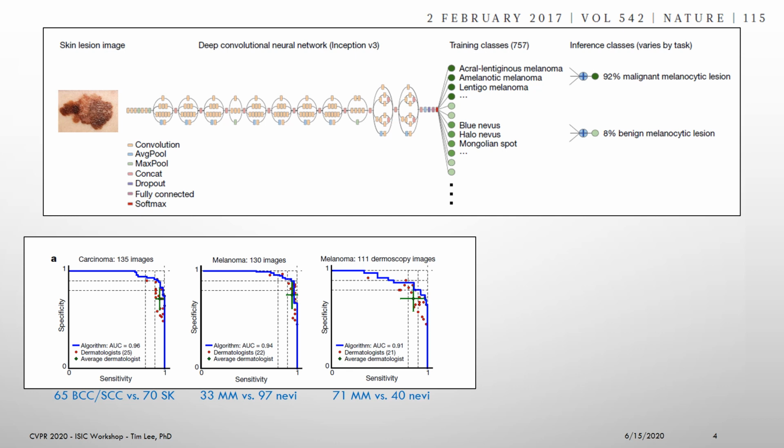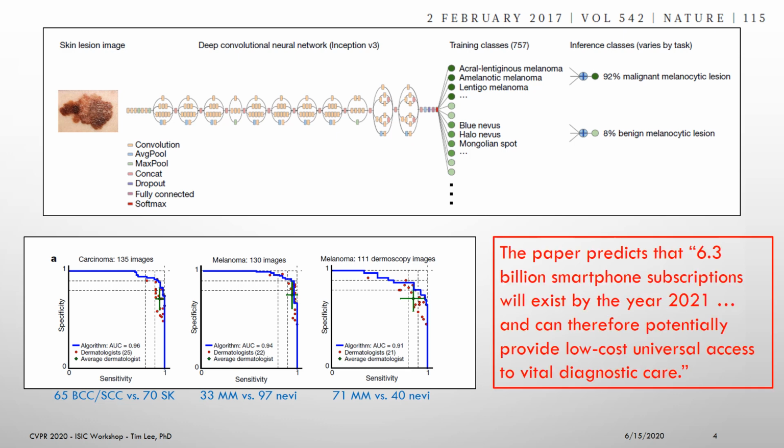The paper goes on and predicts that 6.3 billion smartphone subscriptions will exist by the year 2021 and can therefore potentially provide low-cost universal access to vital diagnostic care. I have been working in the skin imaging area for over 25 years.